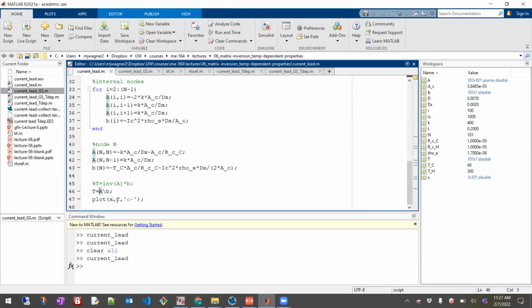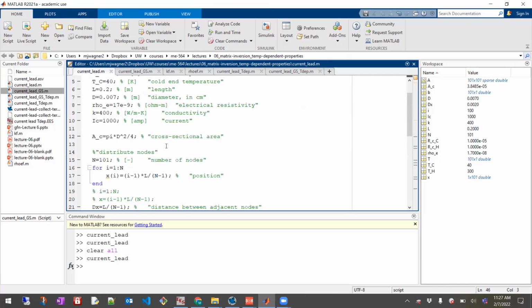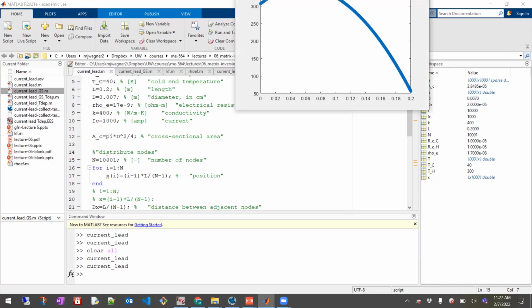And in fact, if we go back and make this something bigger, let's say 10,001 nodes. You know right away, there's absolutely no way that ease would solve this, right? Ease is limited to 12,000 variables total. And here we've got 10,000 associated with each T, so that's at least 30,000 plus some others. So if we run this, again, amazingly fast, it solved it.